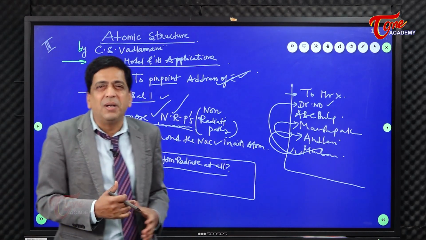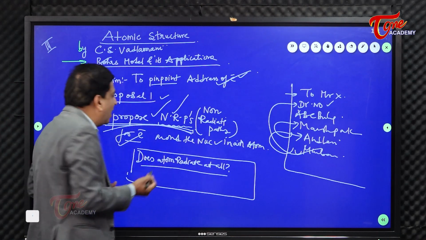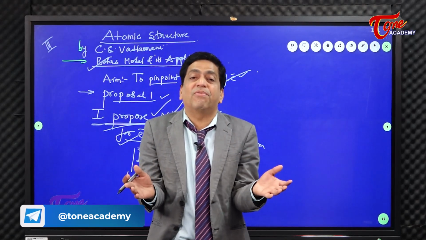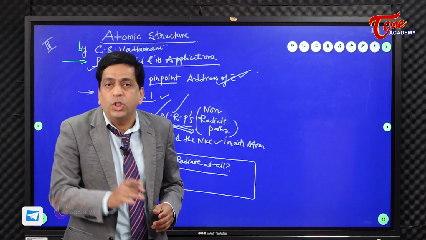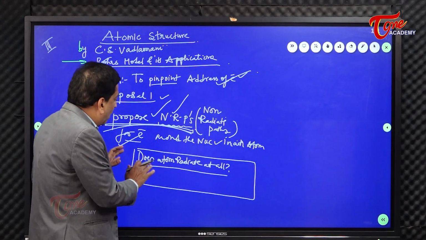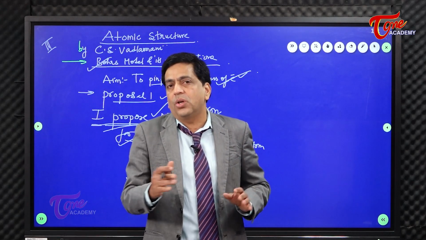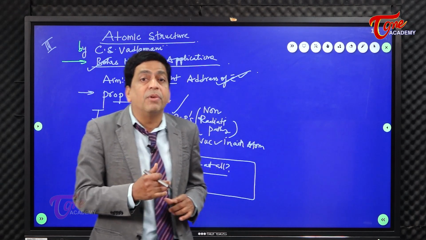He is intimidating the crowd rather by underlining again that I propose non-radiating paths, in spite of people intimidating him. He's not running away, because this you need to answer: does the atom radiate at all? After all, the immediate question that comes out, because you're proposing non-radiating paths, is naturally, does the atom radiate at all or not?